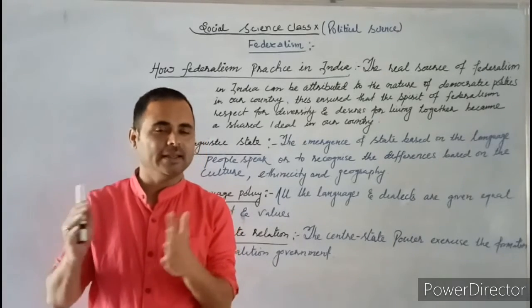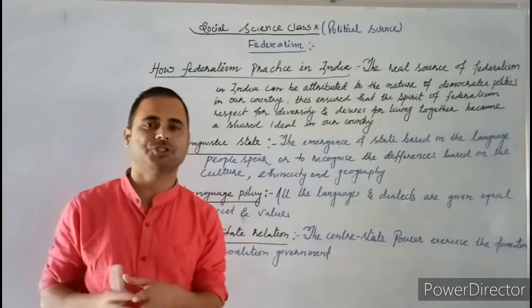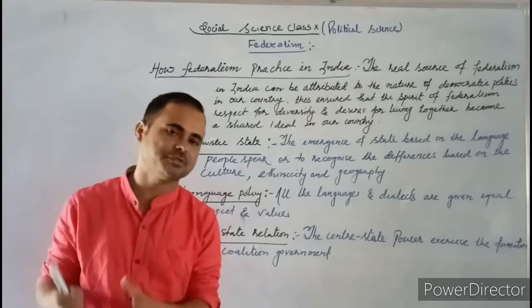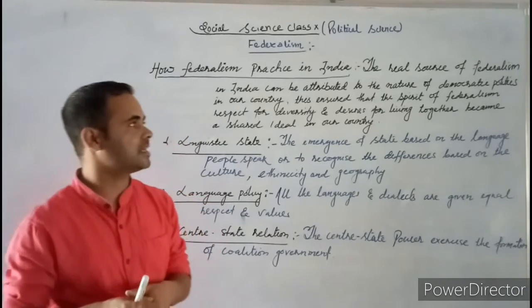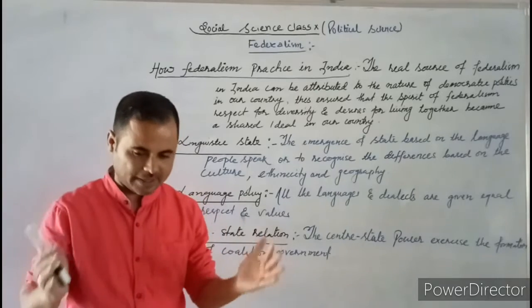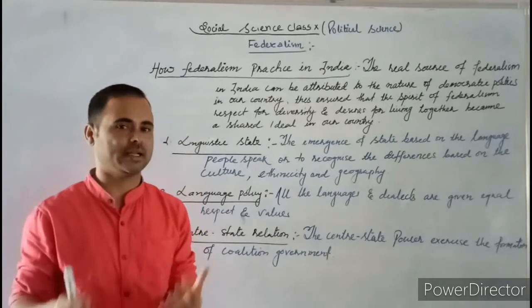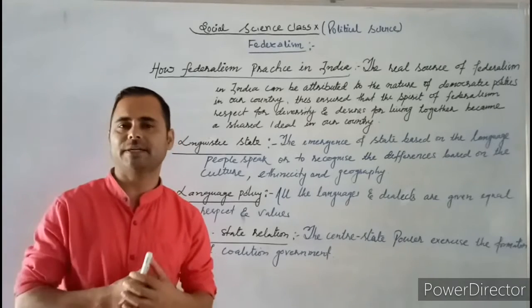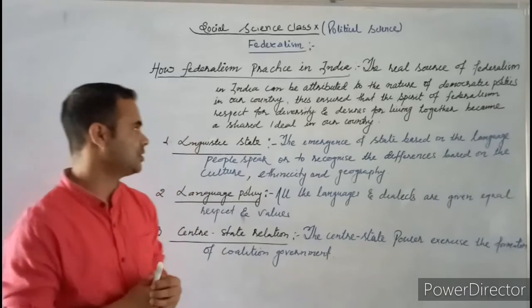So, any country which respects its shared culture and values its diversity in its politics makes the very spirit of federalism successful or alive. Then let us try to understand how federalism is practiced in our country, that is India.